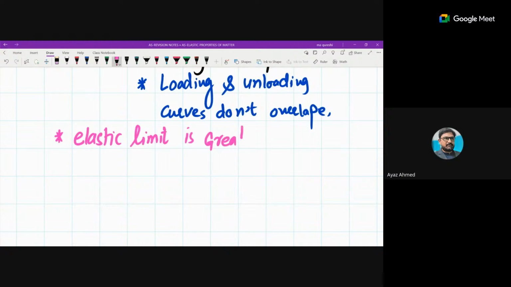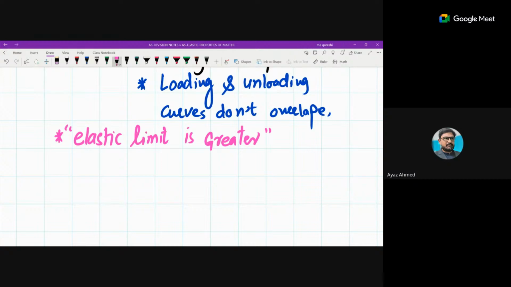For greater force, they can behave elastically, just like steels, which withstand a lot of force. So this is one of the factors you can consider.